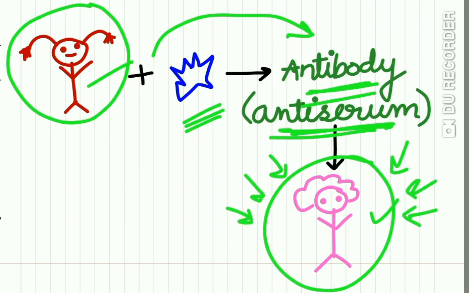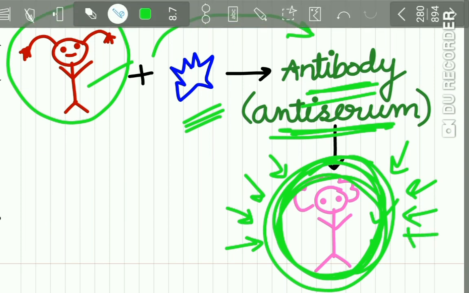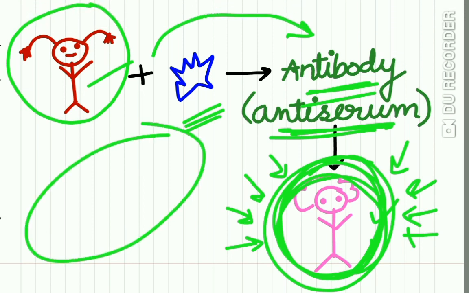So there is no active role of the immune system of this individual, and he develops passive immunity against that infection. So this is the mechanism or a gist of what is passive immunity.